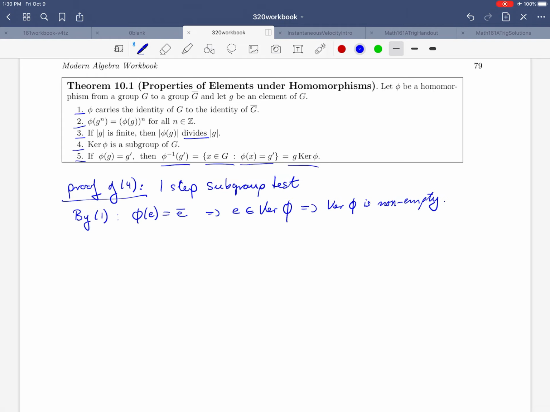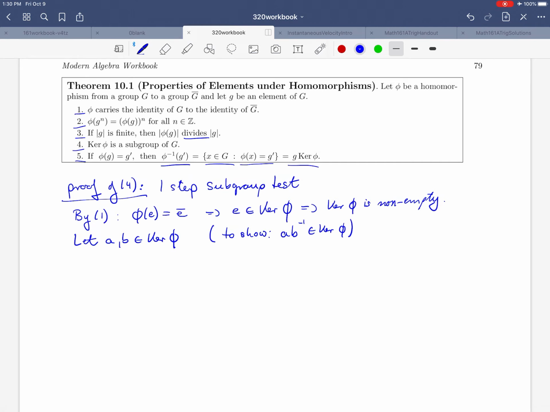The second thing we have to show is that if we have two elements a and b in the kernel, we need to show that a b inverse is also in the kernel. That is the main step in the one-step subgroup test.